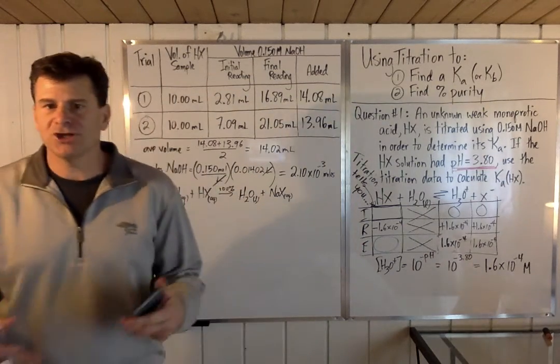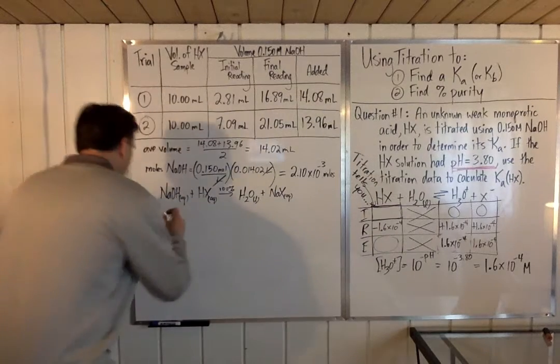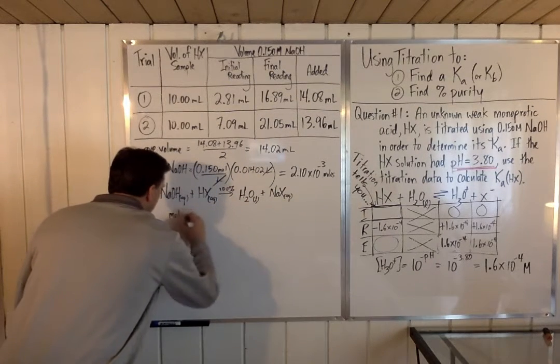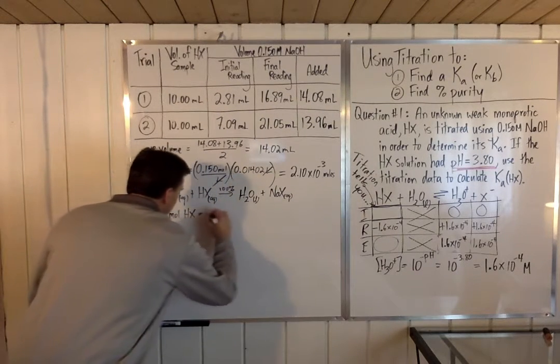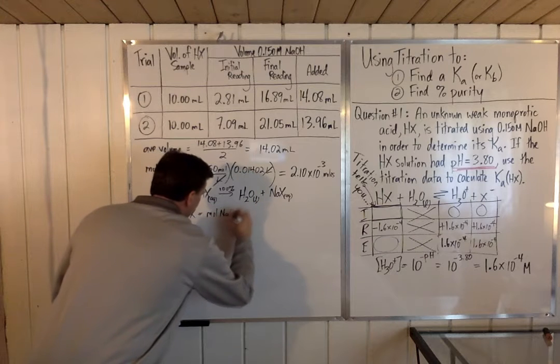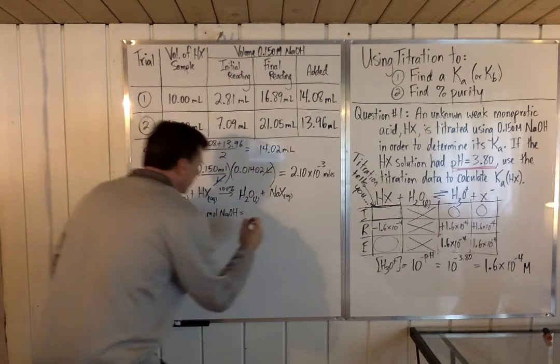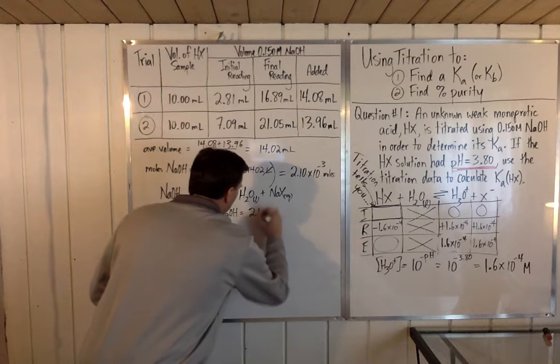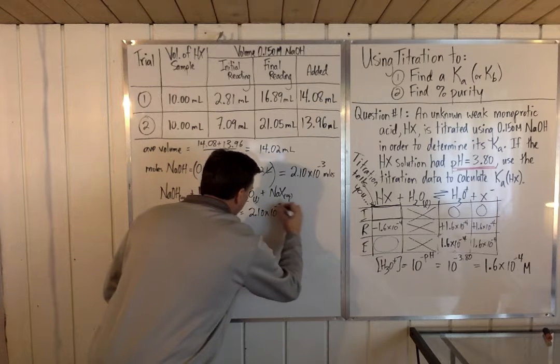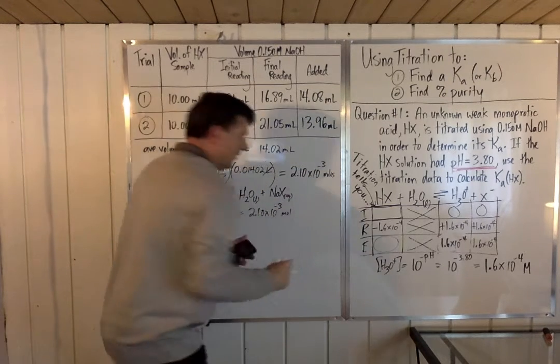Okay, so the ratio is 1 to 1. Therefore, moles of HX have to equal the moles of NaOH, which equals 2.10 times 10 to the negative 3.